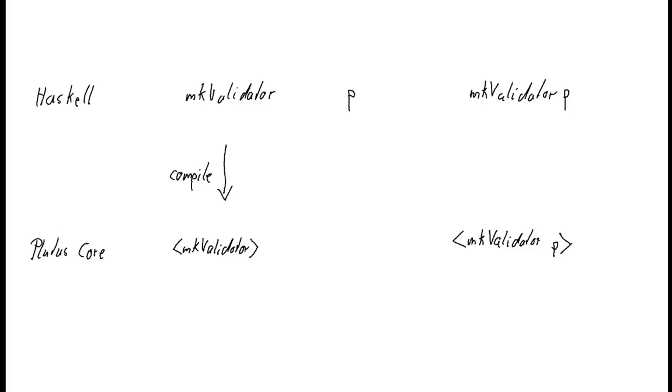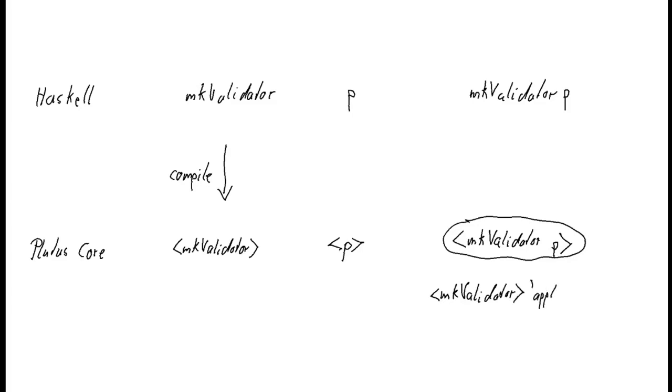So now the idea is, in Plutus, this angular brackets make validator is also a function. It's not a Haskell function anymore, it's a Plutus core function, but a function nevertheless that you can apply to arguments. So if I could get my hands on the compiled version of P, then I can simply apply the make validator compiled, and actually that is called apply code in Plutus, apply code to P. That would then be what I want.